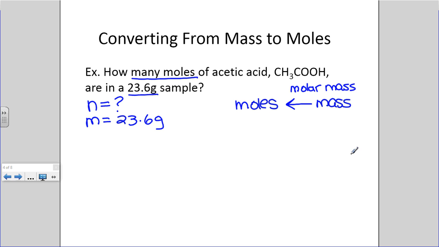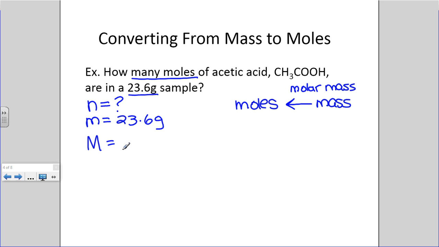So this time, instead of going moles to mass, we're going mass to moles, and we do that with molar mass. So what I want you to do now, pause the video and see, can I calculate my molar mass? And once you've done that, try and see if you can set up the problem and solve. Okay, hopefully you've given a chance to try both molar mass and the number of moles.